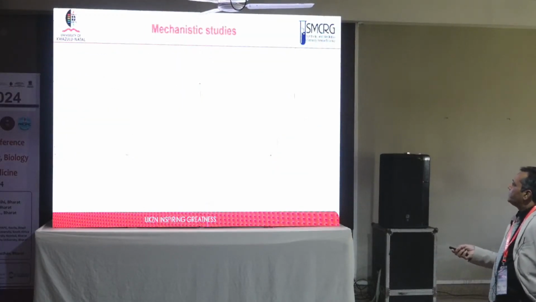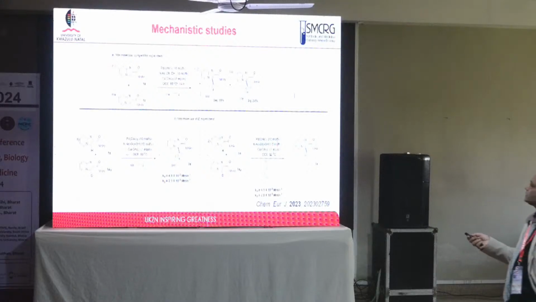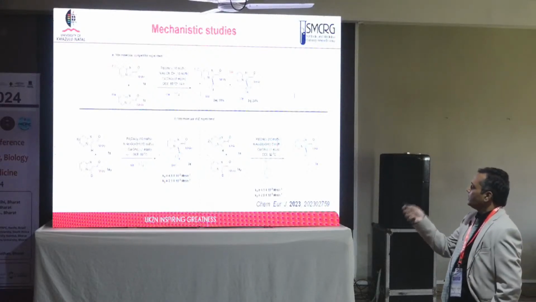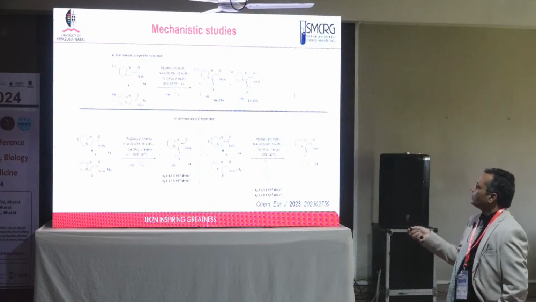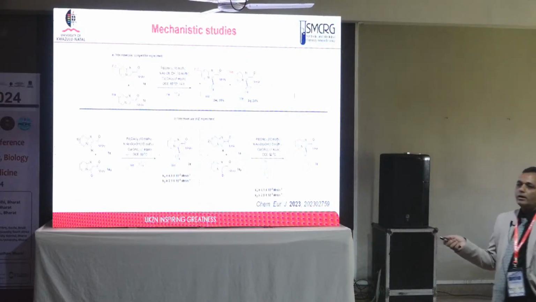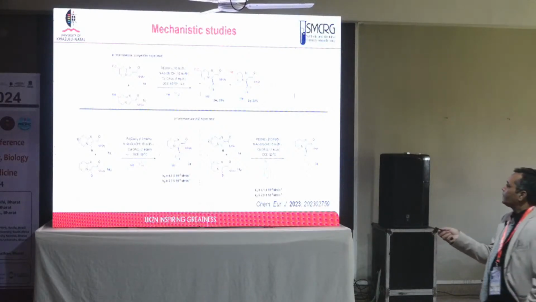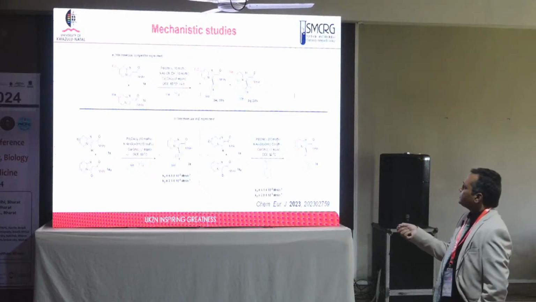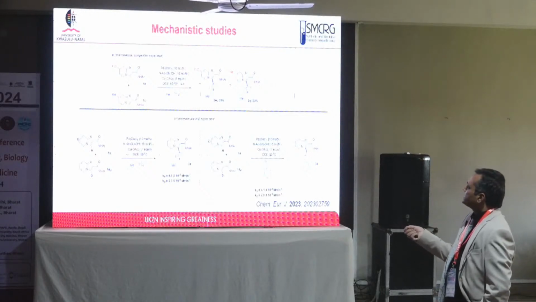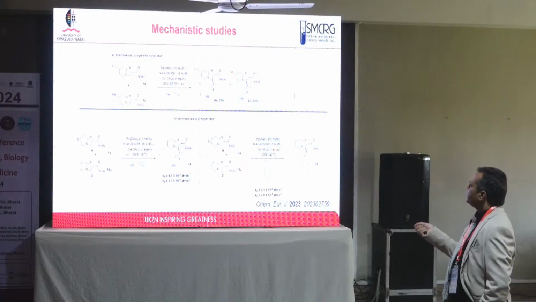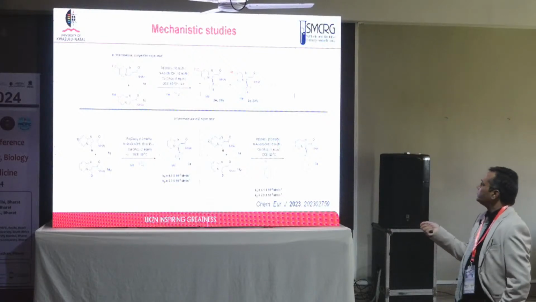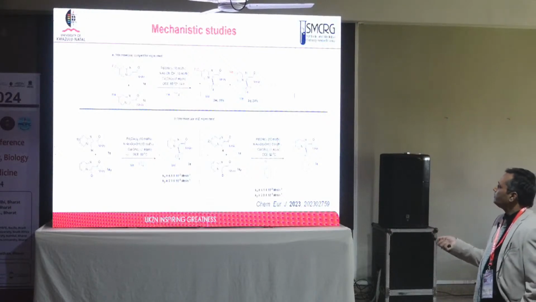Going further with mechanistic studies, we also used different electron-rich and electron-donating groups on the substrate, here CF3 and methyl. With slight changes, we saw that the branched product was the major product.